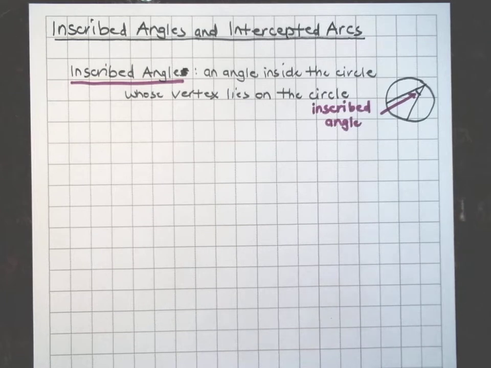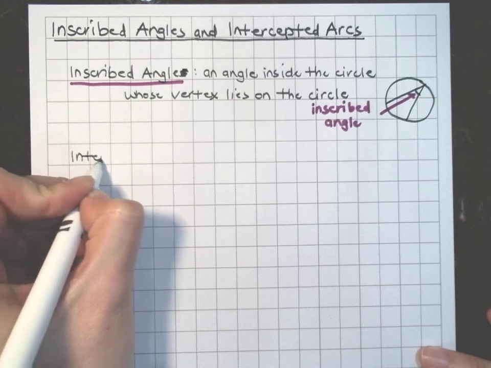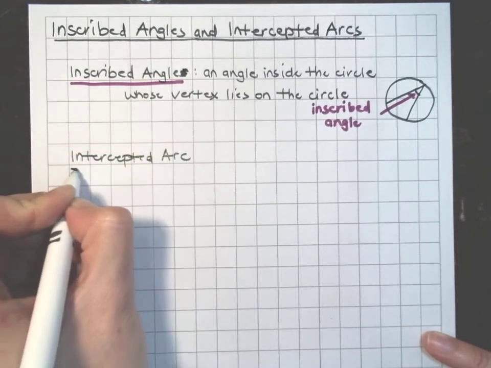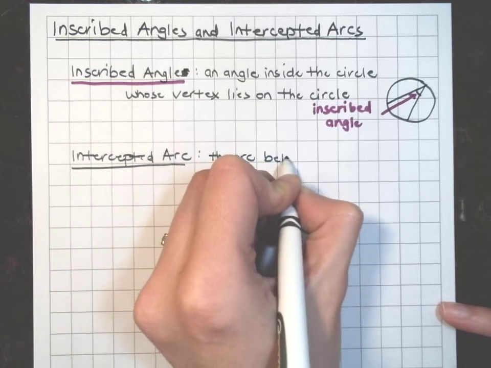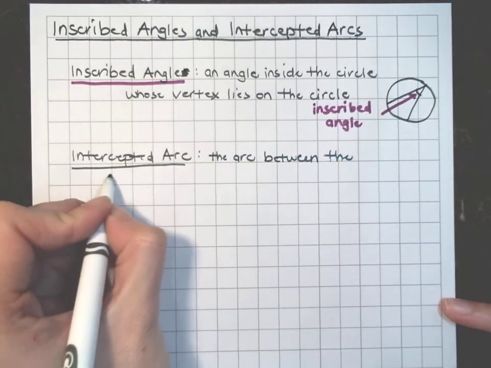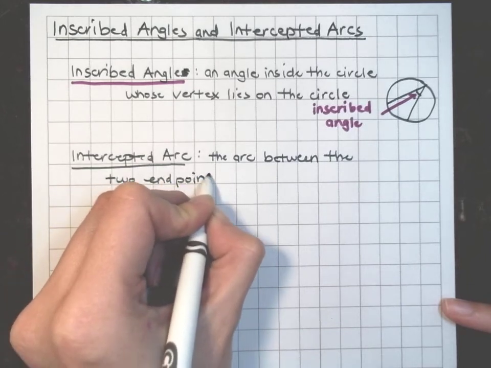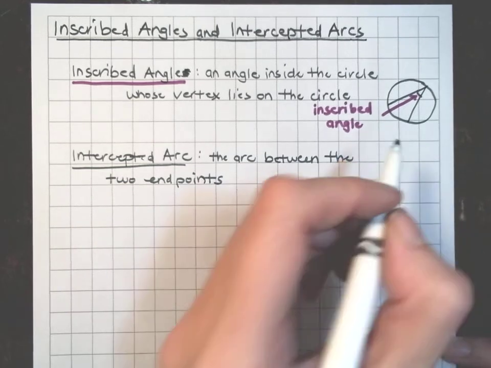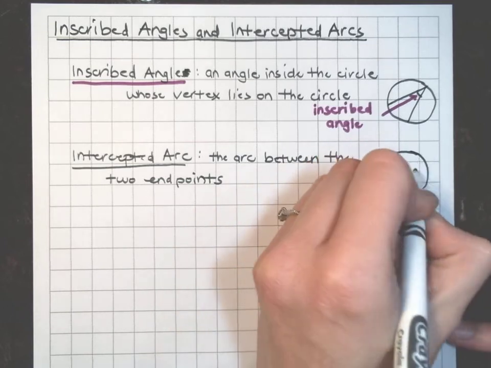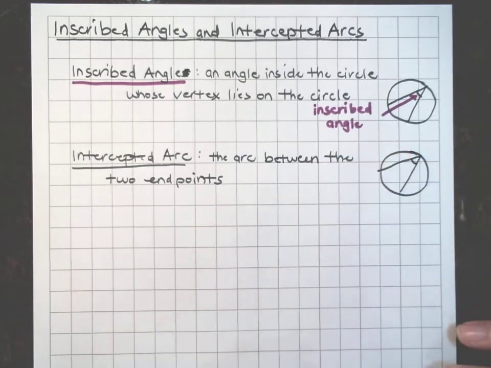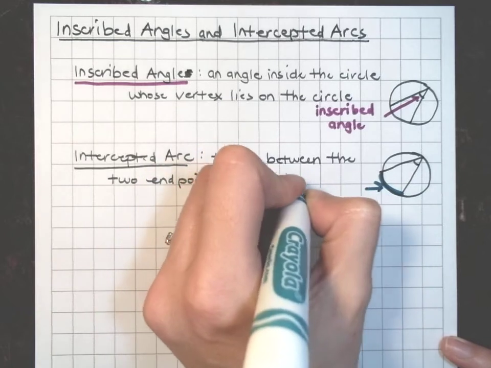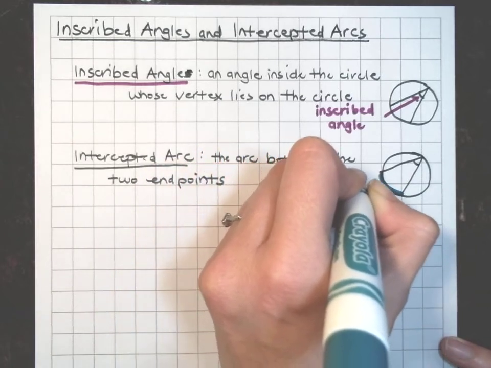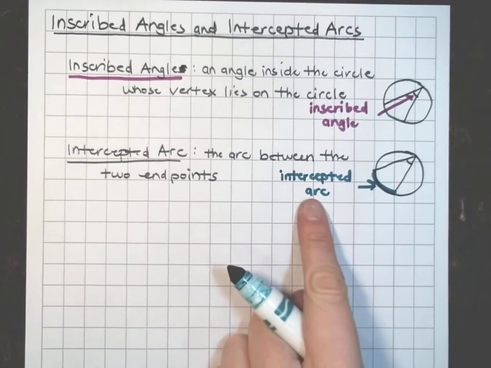Okay, and then the intercepted arc is the arc between the two endpoints. So this right here would be our intercepted arc.